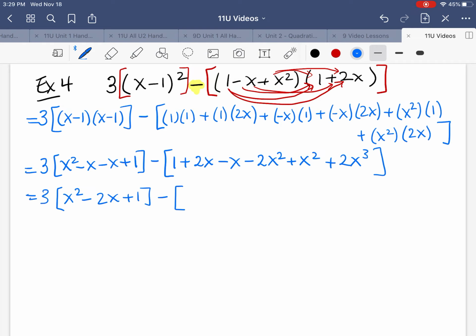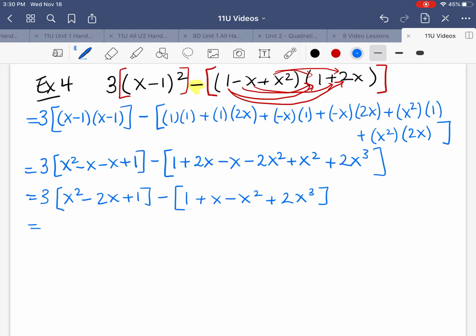And in our second set of square brackets, we end up with 1 plus x minus x squared plus 2x cubed.